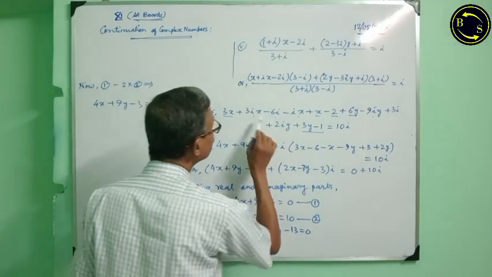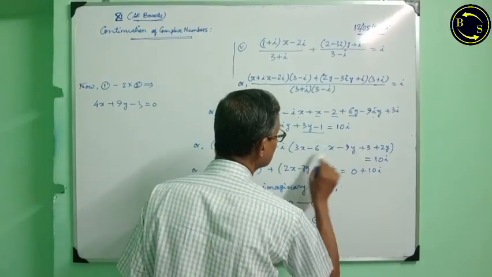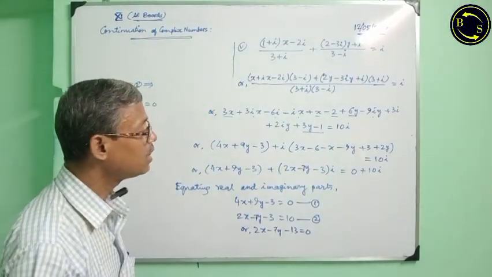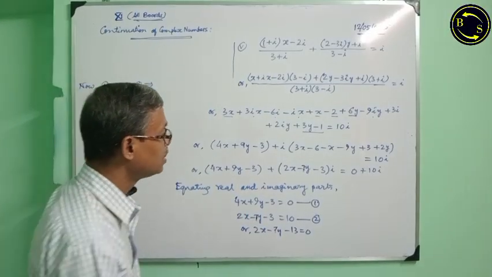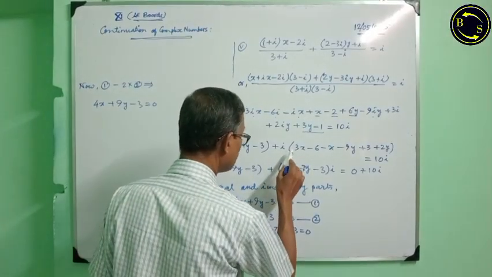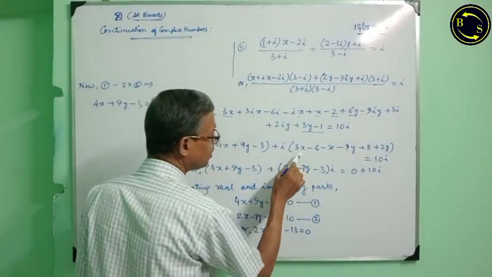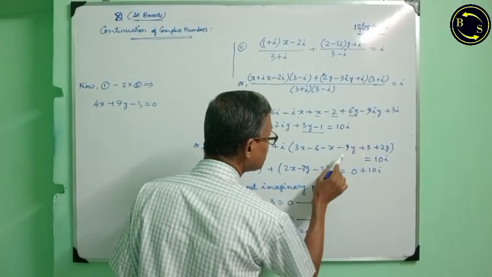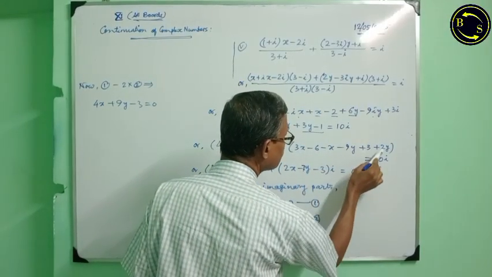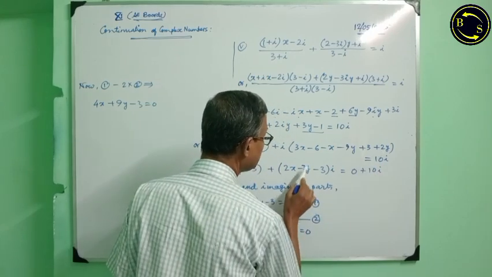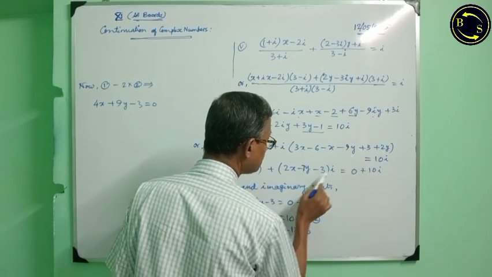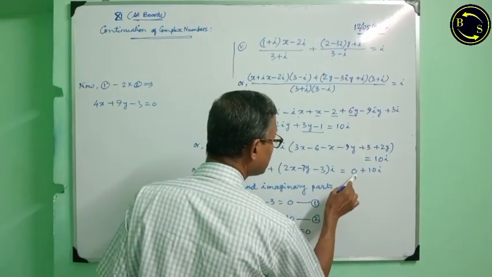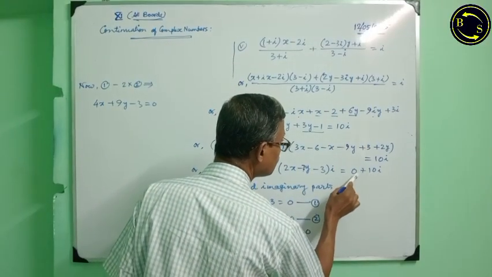Then i into all i related terms. i has been taken as common factor. Then from this step 3x minus x means 2x minus 9y plus 2y minus 7y minus 6 plus 3 minus 3 whole into i, that is equal to 0 plus 10i.